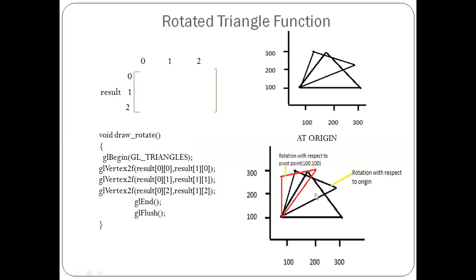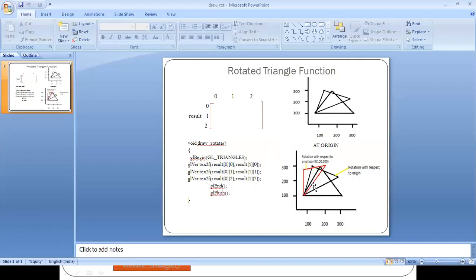Next, again, I'm calculating another result matrix which contains rotation with respect to pivot point 100 comma 100. This is the new triangle which has been rotated from a fixed point, that is 100 comma 100. Fine, right? So this was about the program.